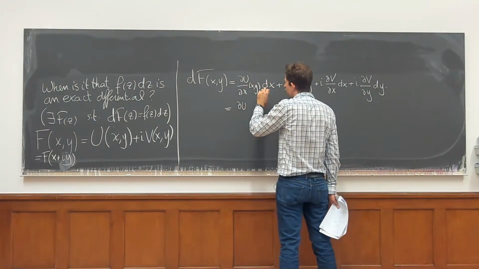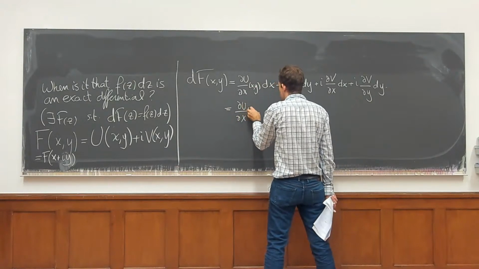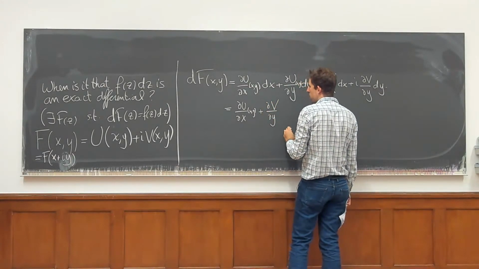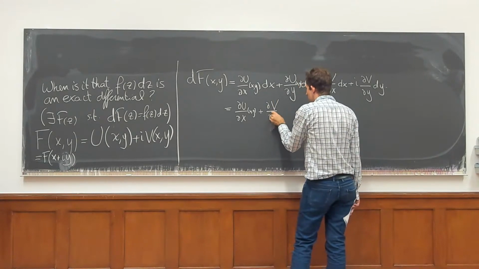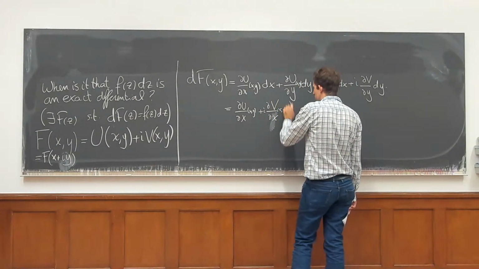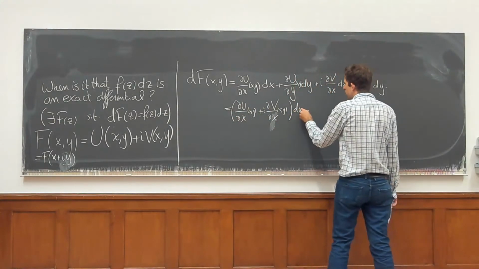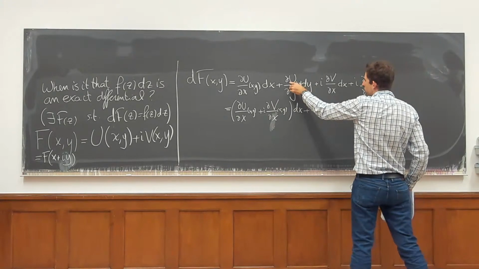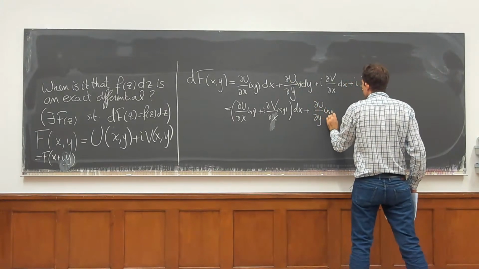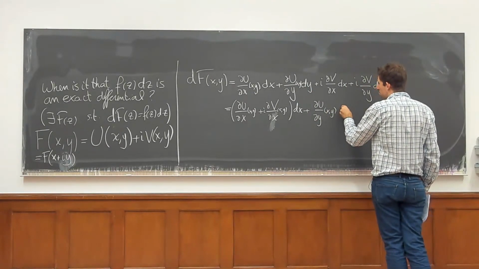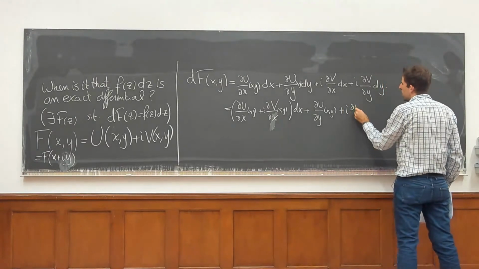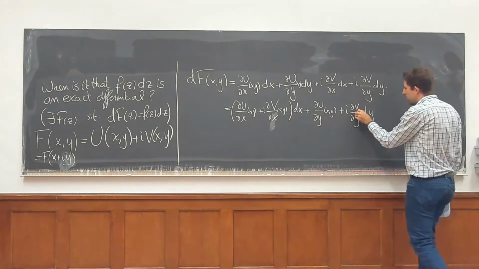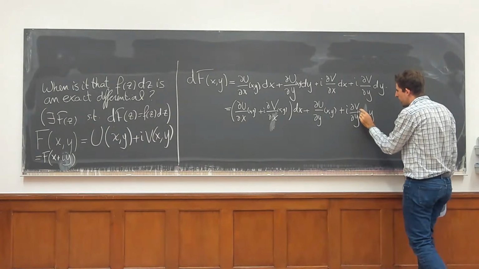We have the derivative of u with respect to x, all at point (x, y), plus i times the derivative of v with respect to x, at point (x, y), times dx, and then plus the derivative of u with respect to y plus i times the derivative of v with respect to y, times dy. I think so far so good.